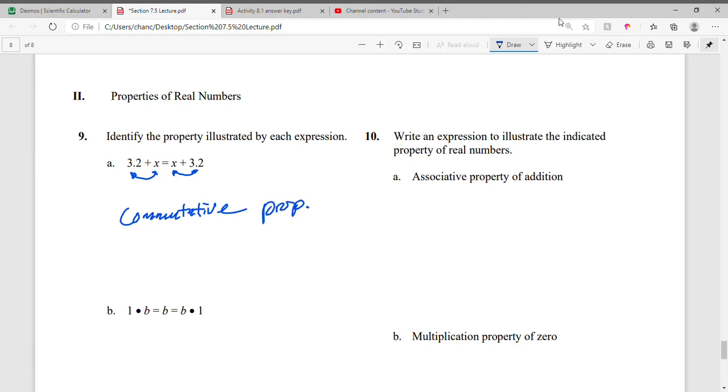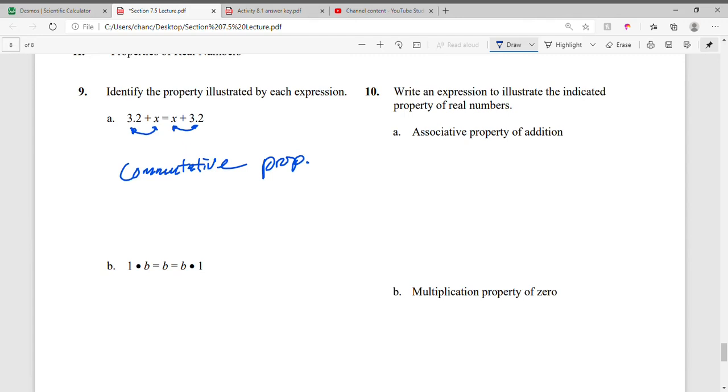Part B, we have 1 times b equals b, and b times 1 equals b. This is also the commutative property because it doesn't matter the order of the numbers. We can switch them around and we'll get the same answer by multiplication.